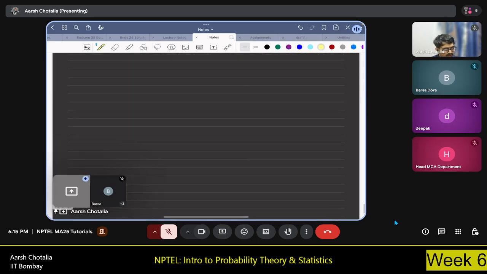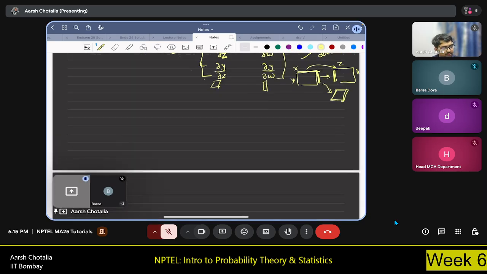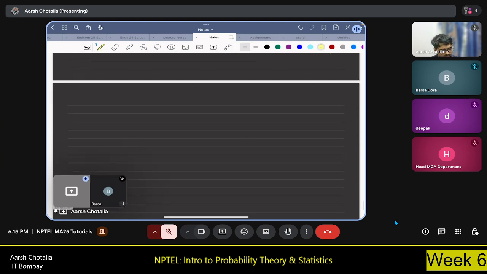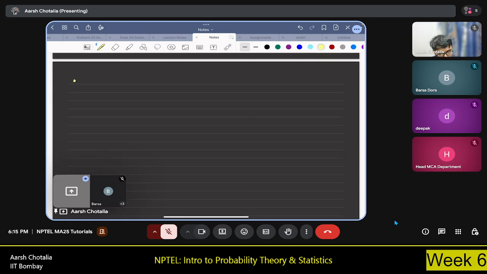So I think we did some examples, but we are going to do some in the assignments as well. But we saw one important list of formulas.